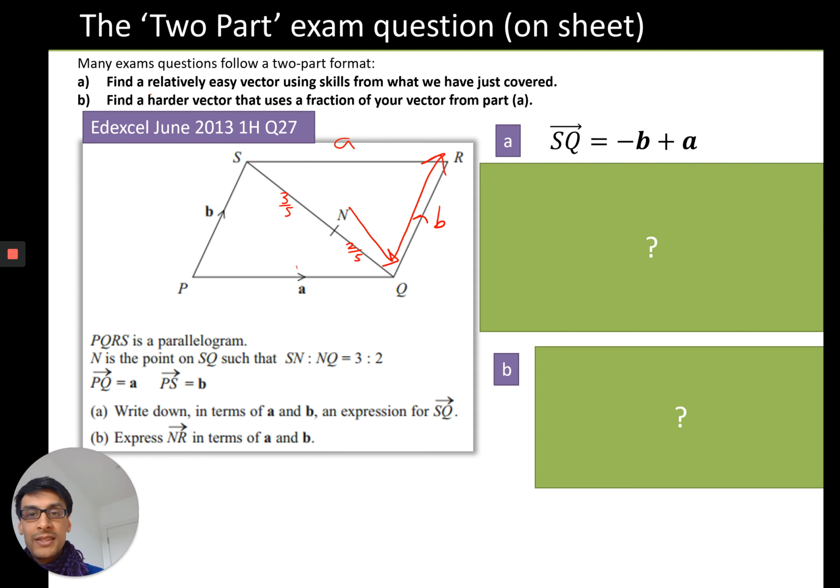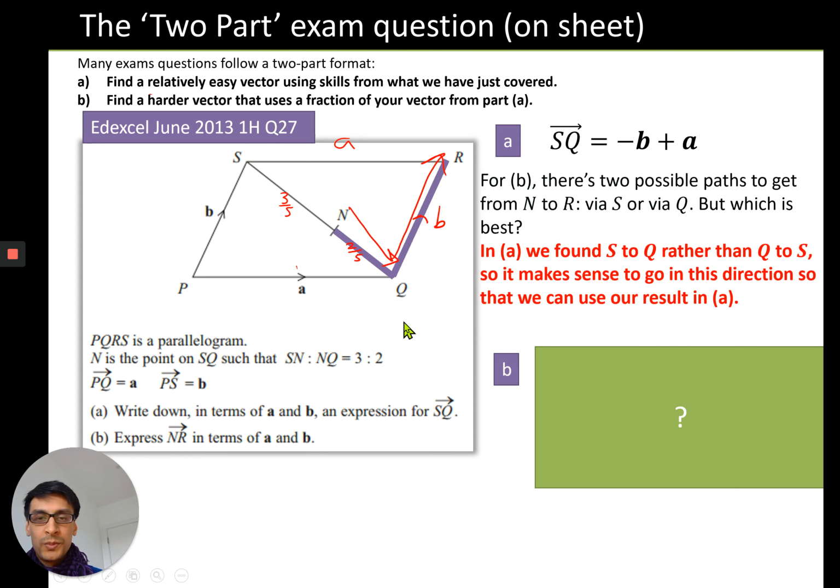So we can say NQ. Well, how can we work out what NQ is? We need to use what we know already from the first question. We know that we found SQ, and that NQ is just a fraction, in this case 2/5 of SQ.